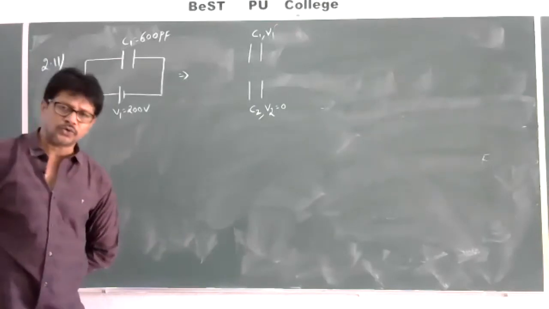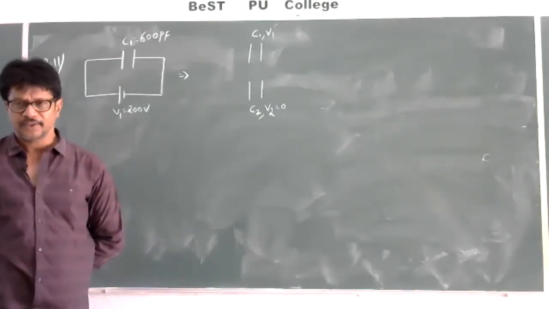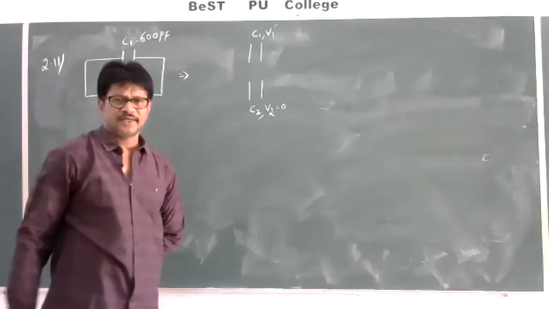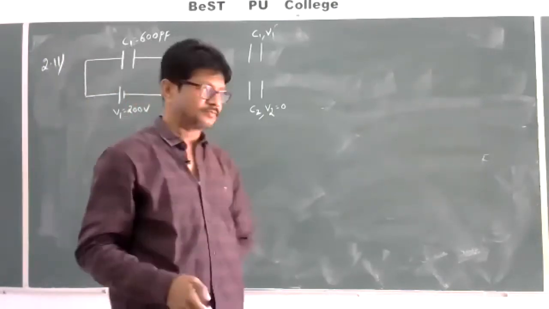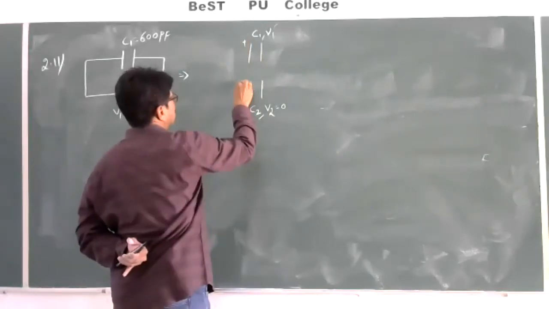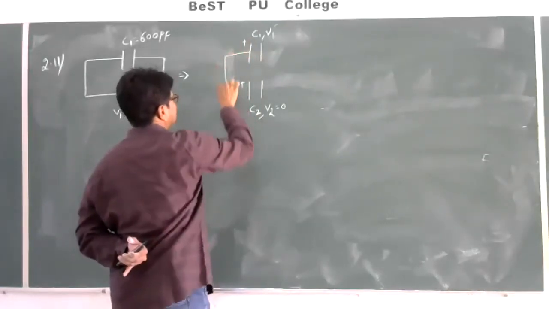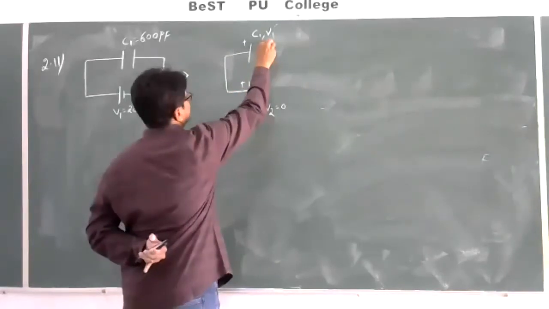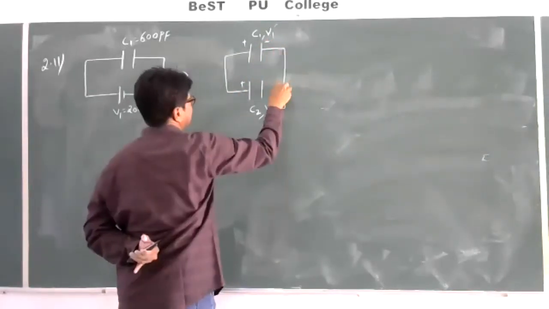He didn't mention how those two are connected. So as we discussed, as a default, we have to consider that the positive plate is connected to the positive of the other, and the negative plate is connected to the negative of the other.